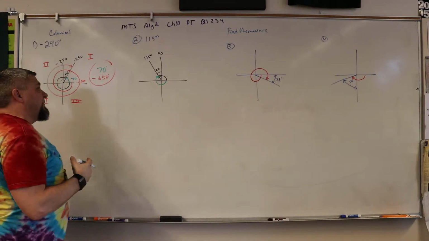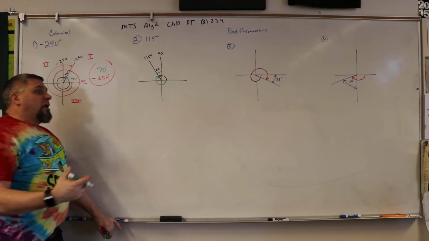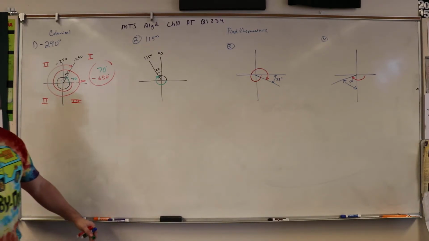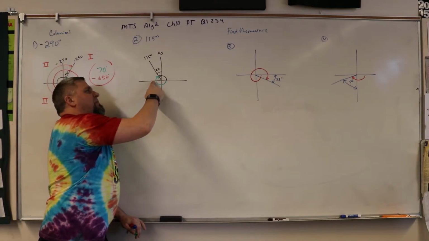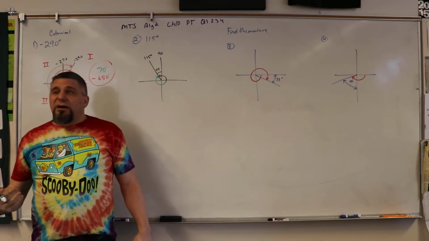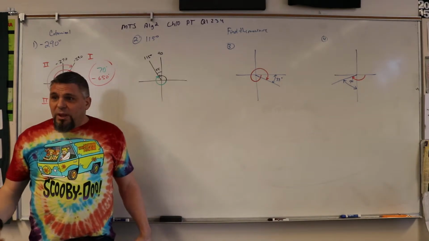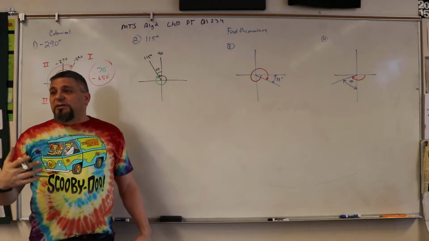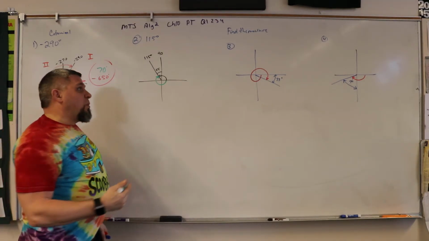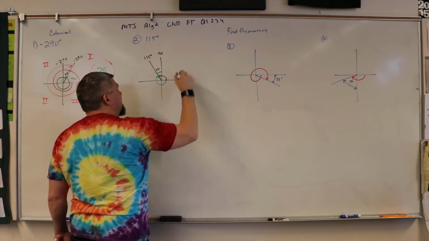So I just look at 115, and you can do it a lot of different ways. Subtract it from 360. You can go, hey, this is 180 plus 90 minus 25, right? That would be 65. So 180 plus 65, 245.